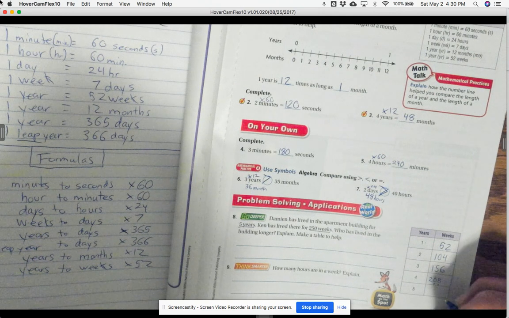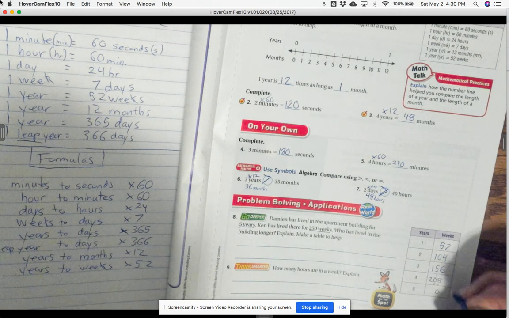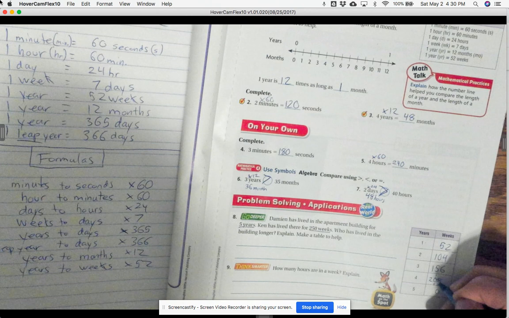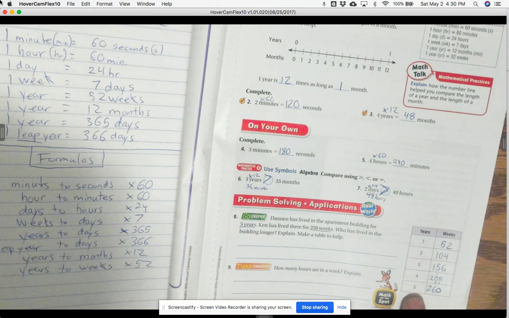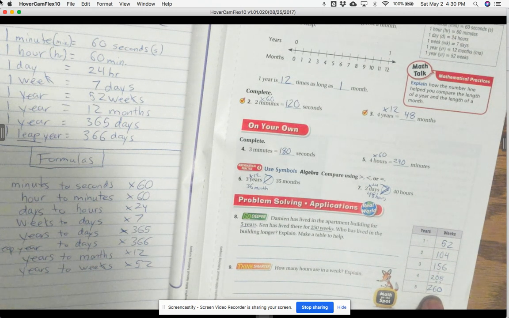Let's see, 8 plus 2 is 10, regroup, 5 plus 1 is 6, and 2 is nothing, it's 260. So 5 years is 260 weeks.